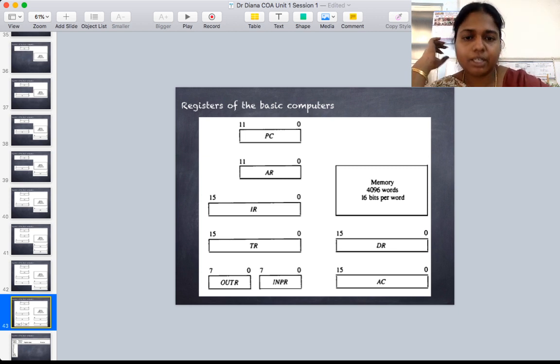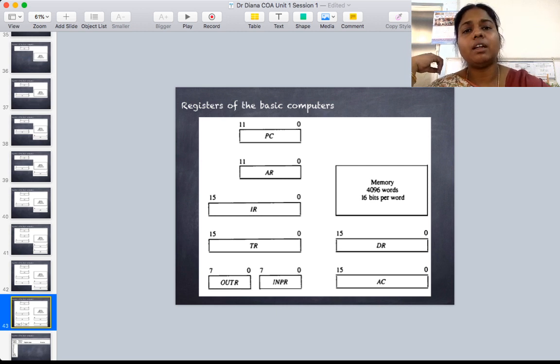Using the address register, you read the data from memory, and that data is placed in the data register. And for operating on any data, the control unit or the ALU uses the accumulator as the scribbling pad. So it does an operation and stores the result back in the accumulator.